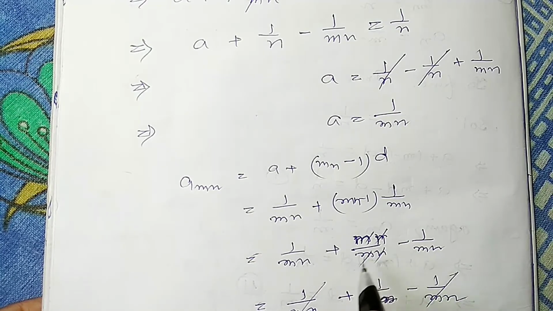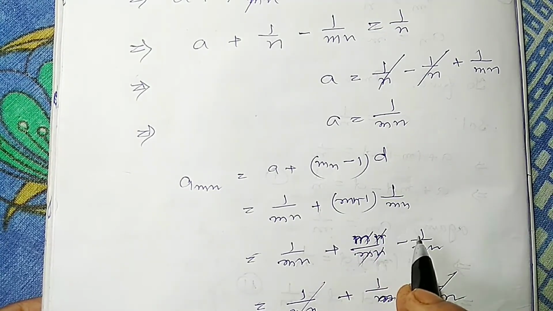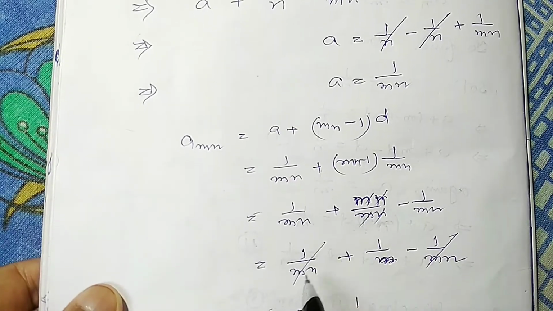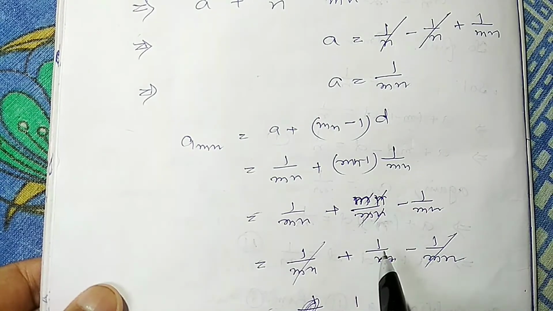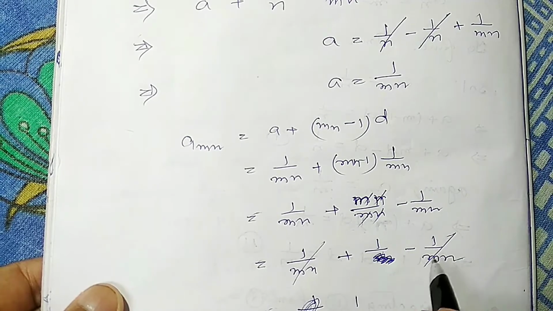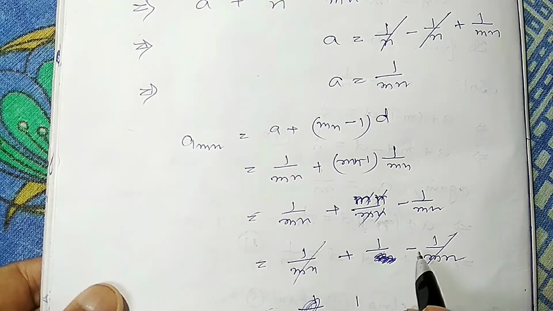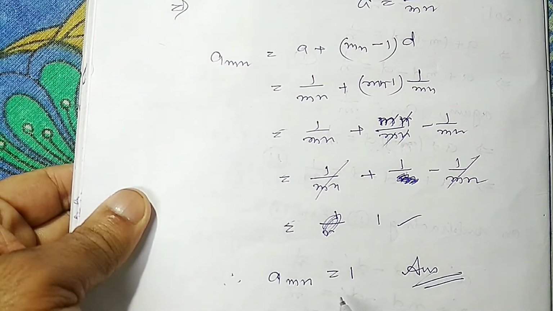We got mn by mn plus minus 1 into 1 equals 1 by mn. 1 by mn plus, here mn and mn cancel, we are left with 1. Minus 1 by mn: this one and this one will cancel, one is positive, another is negative. We are left with 1. Therefore, the mnth term is 1.